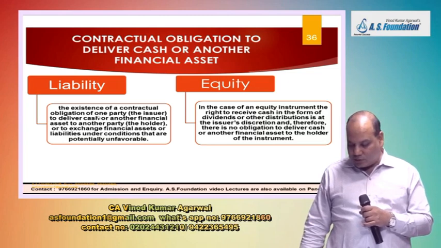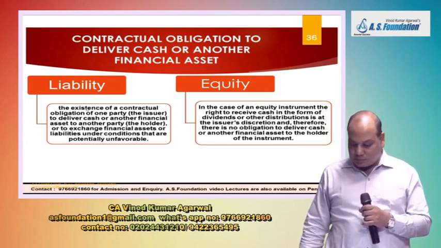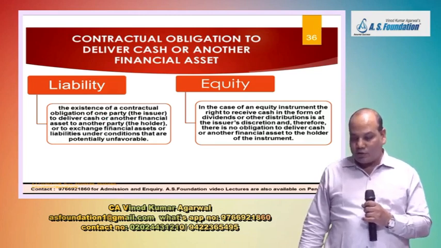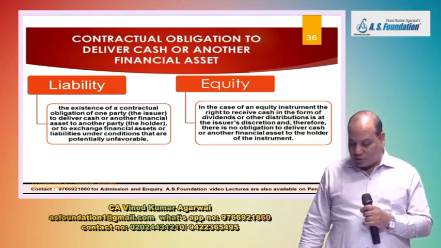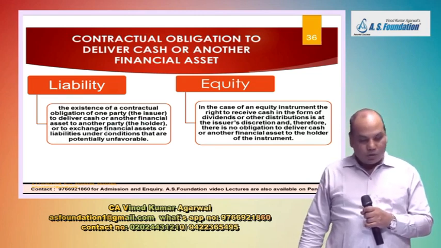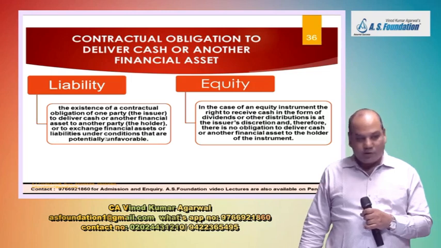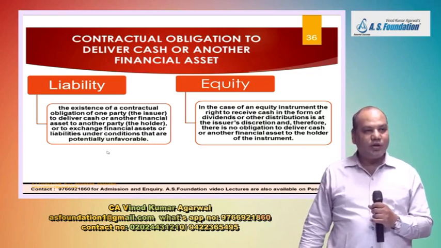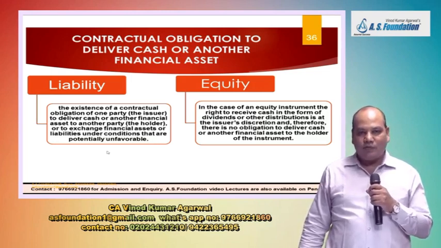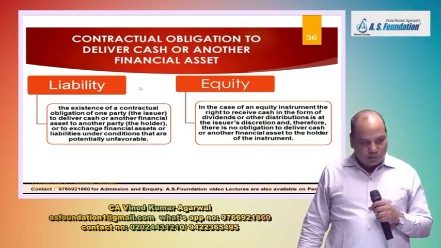If the answer is yes, it's a financial liability. The existence of a contractual obligation of one party to deliver cash or financial asset to another party or to exchange financial asset or liability under conditions that are potentially unfavorable, it will be a liability.